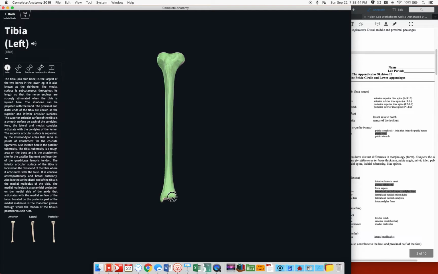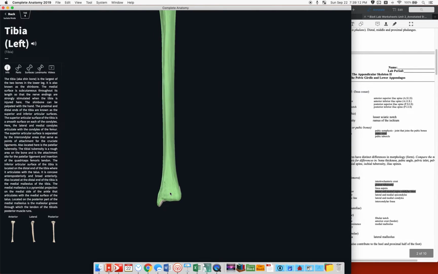So this fibular notch will allow you to tell medial from lateral. This tells you that the fibula is located here. And since the fibula is more lateral to the tibia, that means the body has to be located here. Meaning this is the left tibia.